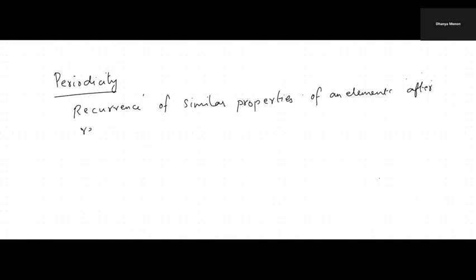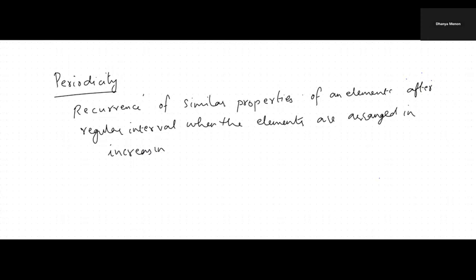It is the recurrence of similar properties of an element after regular intervals of time, when the elements are arranged in increasing order of atomic number.